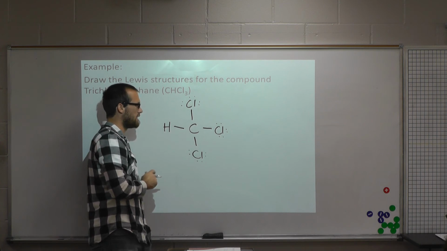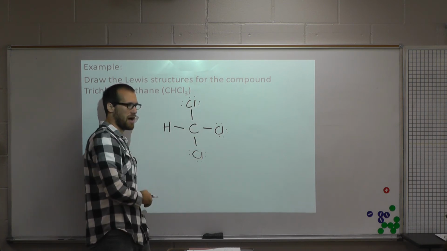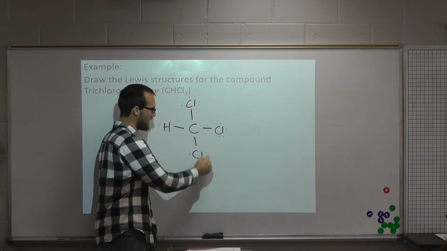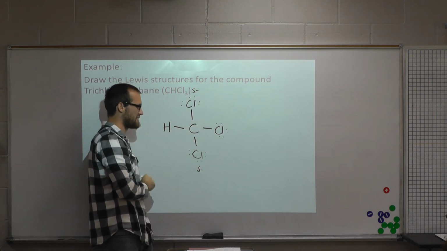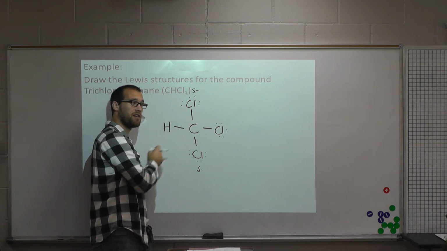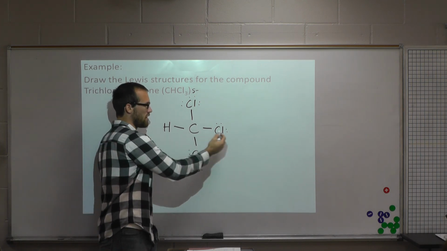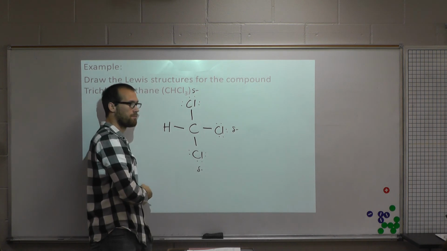So technically chlorine is going to pull upward and upward, but they're going to be opposite. So really, this would be negative and negative. So do you see how that is not opposite regions of charge? It's opposite regions, but not opposite charge. Carbon serves both. But this one pulls more than carbon, so that would be negative, right?